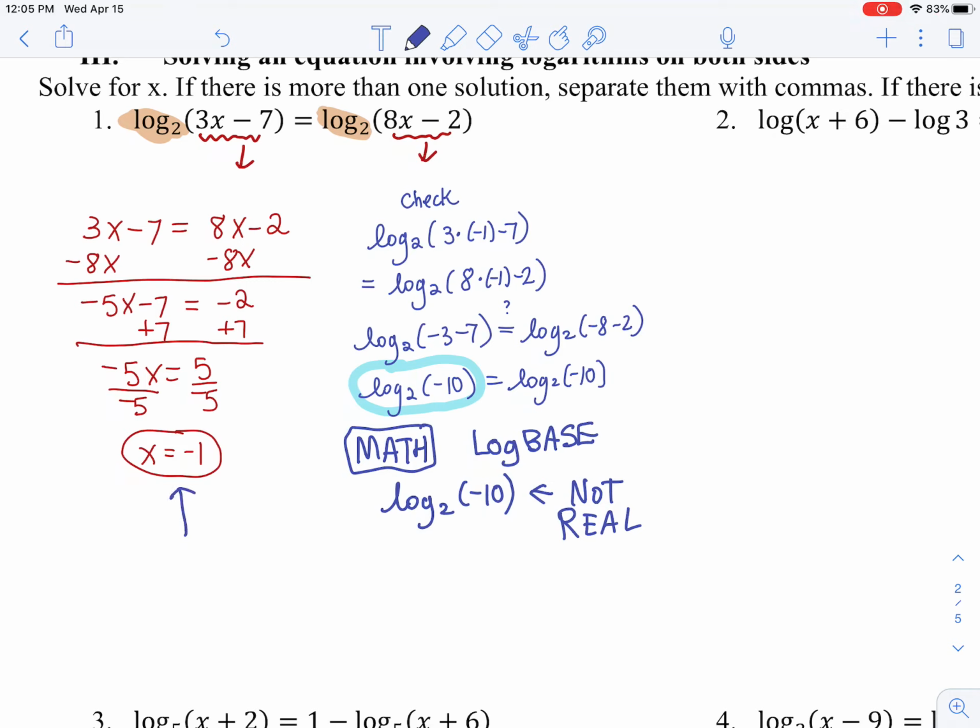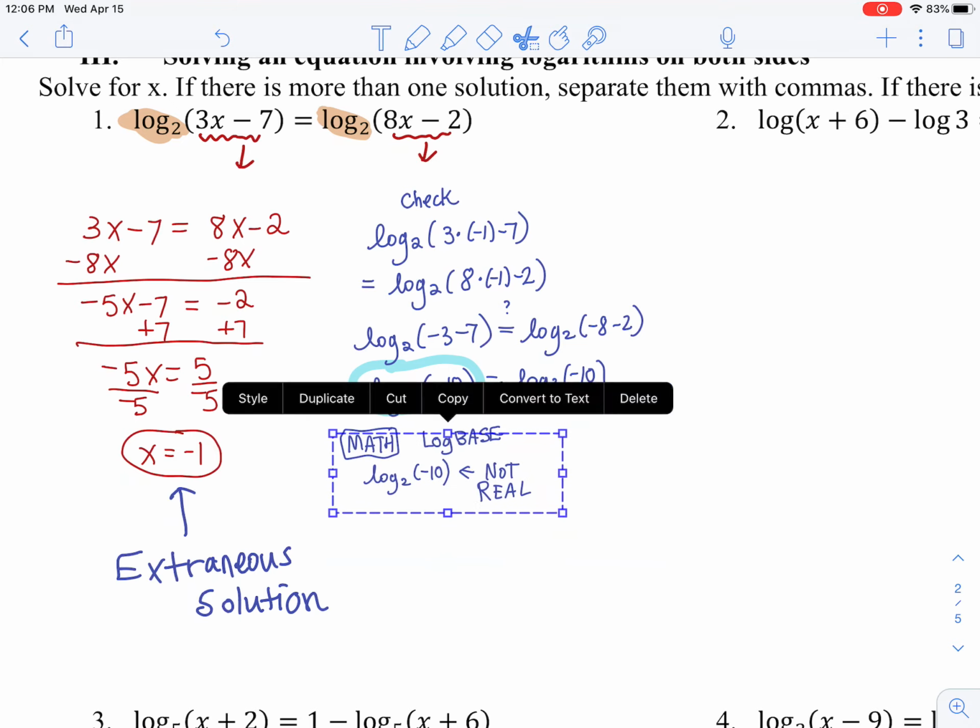And it kind of sucked that my app actually tried very hard to find me the imaginary solution. But I want you to try to type this in your handheld TI-84, and it should say error or not real, so that we can go ahead and say this is extraneous solution. Basically, whatever makes the argument negative, that's going to be an extraneous solution, okay? Even though it does make it look the same on the left and the right side.